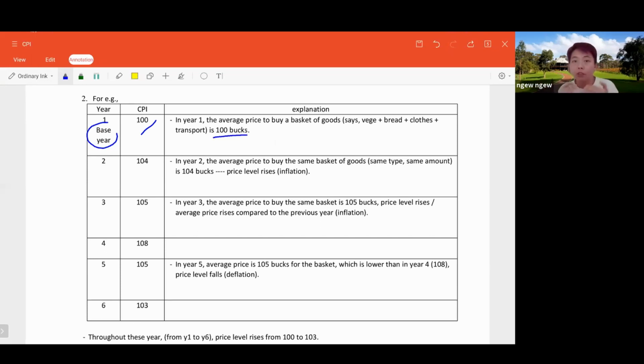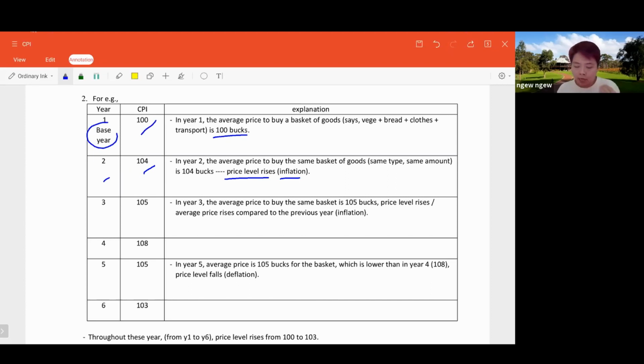In year two, to buy the same basket, you need to spend 104, meaning that the price level rises. This shows that the country is experiencing inflation in year two.